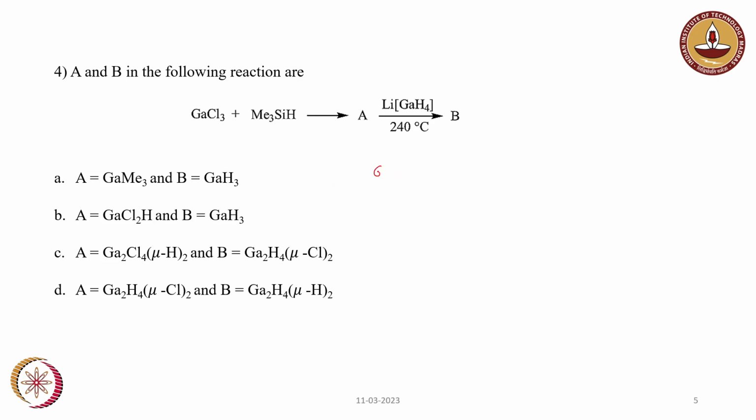So GaCl3 plus Me3SiH first forms this. This one will be the A compound, and on treating this with LiGaH4 at 240 degrees Celsius, it will form digallane. This Cl will be replaced with hydrogen.